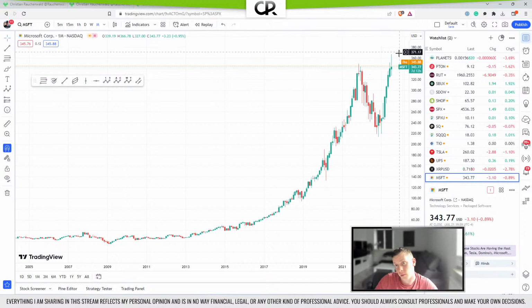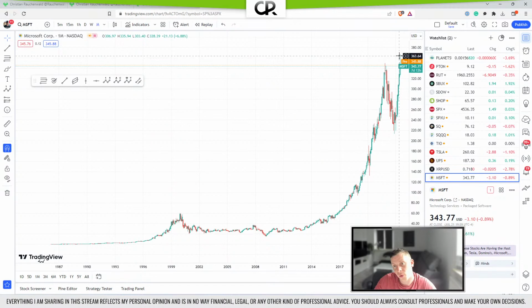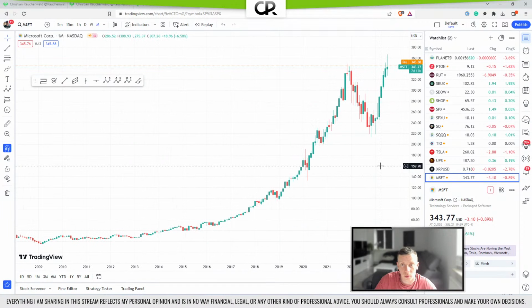But from the looks of it, if we talk about Elliott Wave patterns, 1, 2, 3, 4, 5 works out fairly well. And then obviously after wave 5, we would have a corrective pattern that takes us down at least into this territory again. So question is, will Microsoft rally further first?